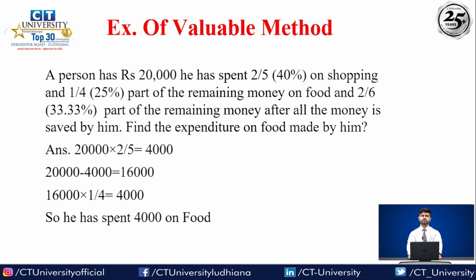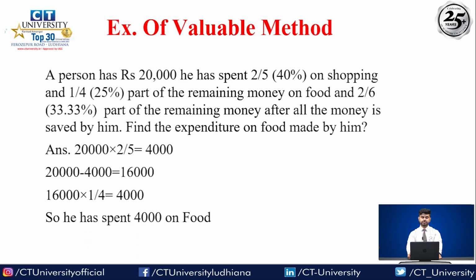He is asking about the expenditure on food made by him. We have to calculate the money. Now 20,000 into 2 over 5. Simple calculation: 5 fours are 20, 4 into 4... 2 into 2 is 4, so 8,000? No: 20,000 times 2 over 5 gives 4 into 2,000, that is 8,000 spent. Getting my point?